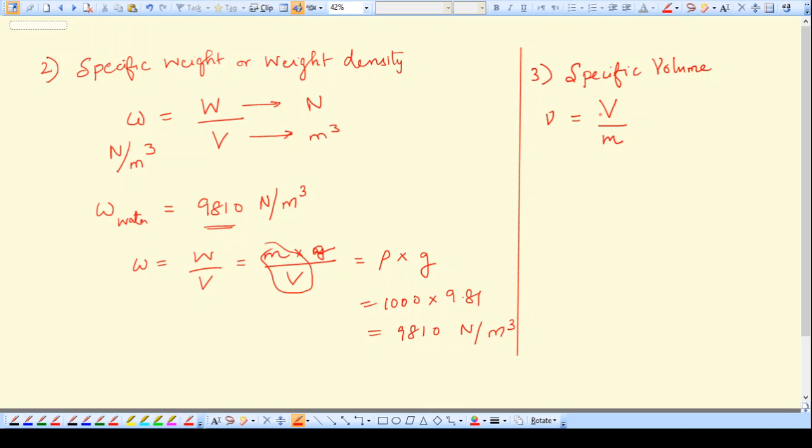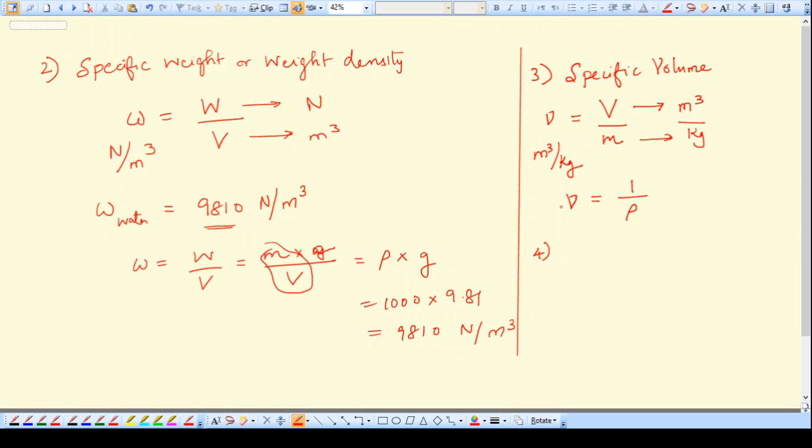So it is defined as volume per unit mass. The unit of total volume is meter cube and the unit of mass is kg. Therefore the unit of specific volume is meter cube per kg. You can also write this as 1 by rho. Specific volume is equal to 1 by rho, or 1 by density.